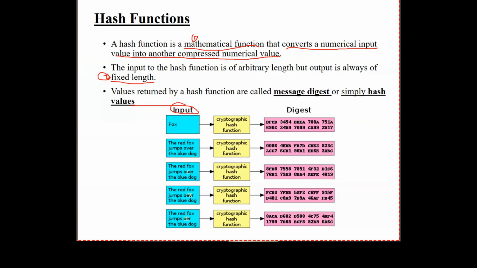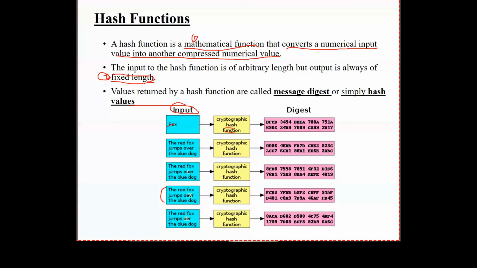For example, here we have the word box, and if we calculate the hash function for it, this is the length. But if you have a very long sentence like this one, the length of the hash is the same. Whether it's 1 letter, 2 letters, 100 letters, or 1,000 letters, the length of the output is fixed. This is the second thing you need to remember.